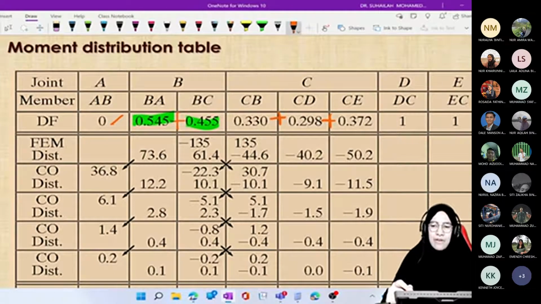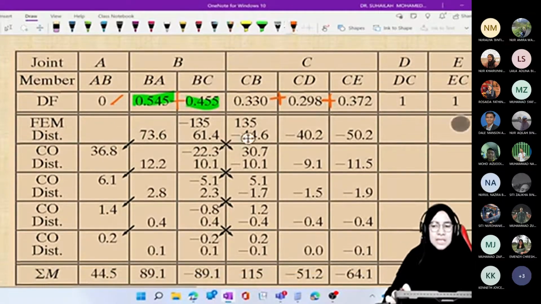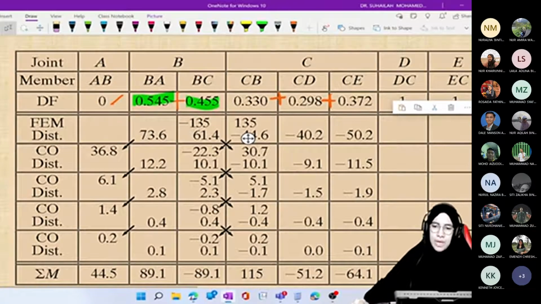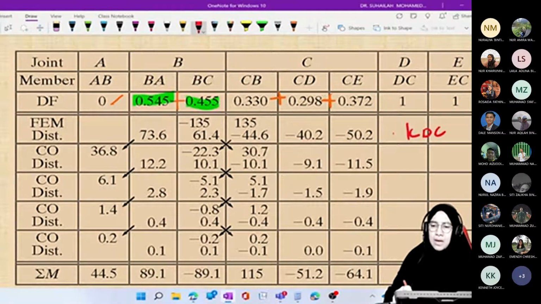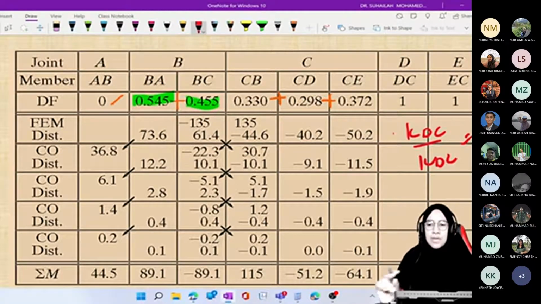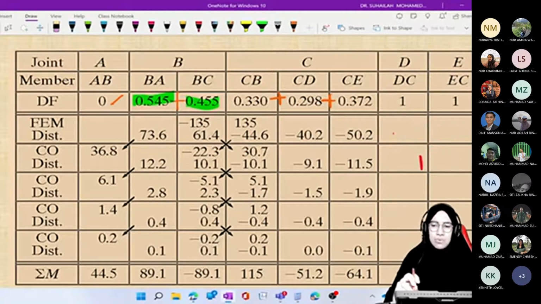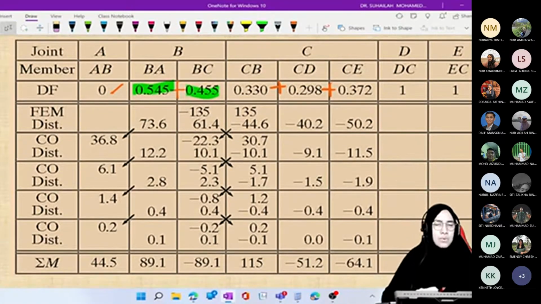And DFDC and DFEC equal 1 because of the pin support, because we divide KDC by KDC. That is why we get 1. Same goes for E. So we just need to do the same.